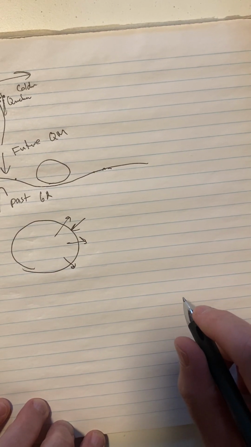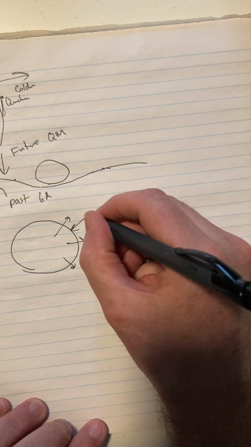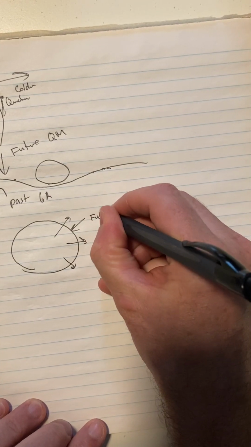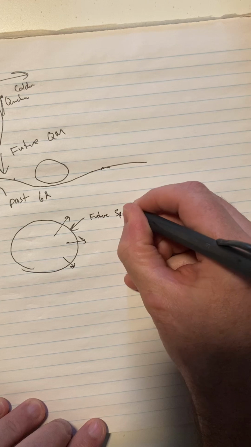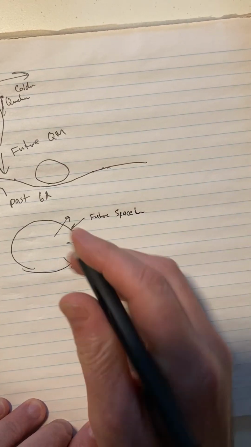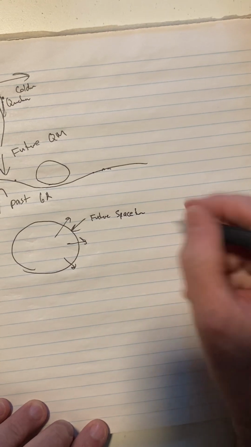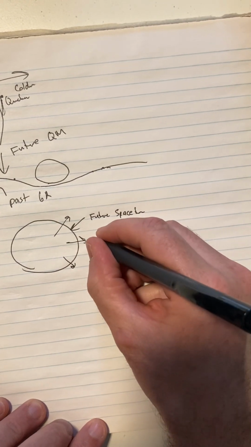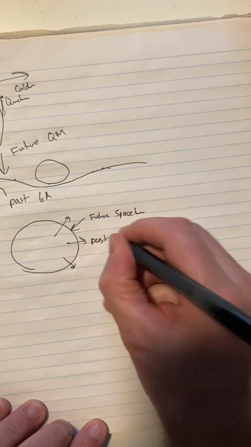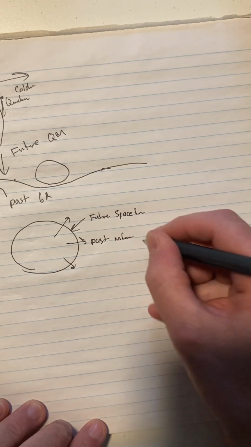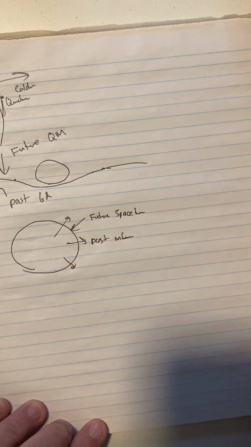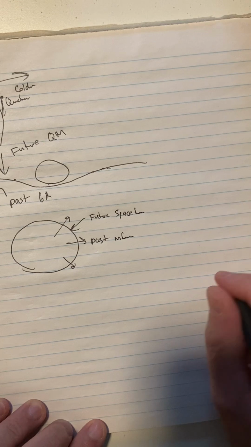Like that. Future space-time, if you want to call it that. Whether that's empty information or there's something in there, that's up for debate. And what spews out is past information, which expands the universe more and more.